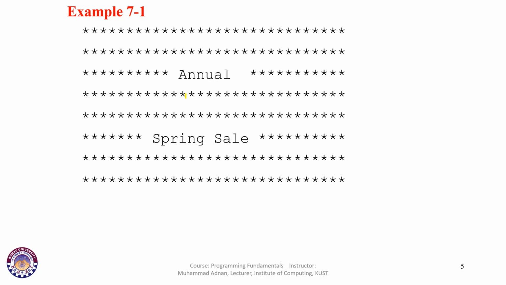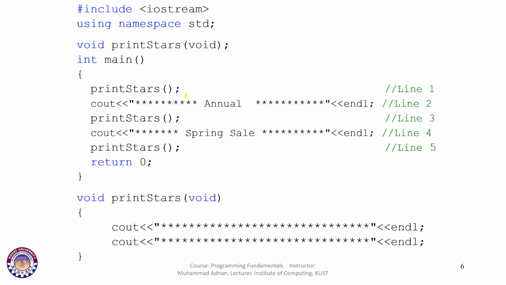So here we have an example where we print the annual spring sale. But before that, let us first study some basic and easy void functions that you are going to use later on.